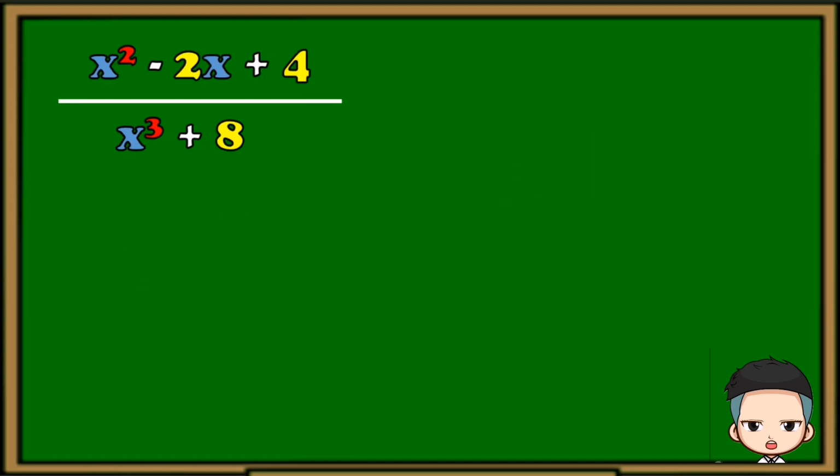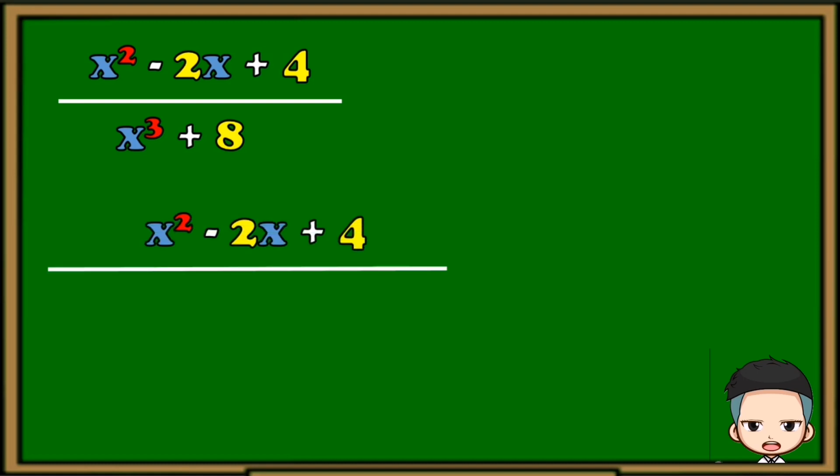Let's try another one. x squared minus 2x plus 4 all over x cubed plus 8. Again, the first thing we need to do is to factor the given completely. For the numerator here, since we can no longer factor x squared minus 2x plus 4, we're just going to copy it.